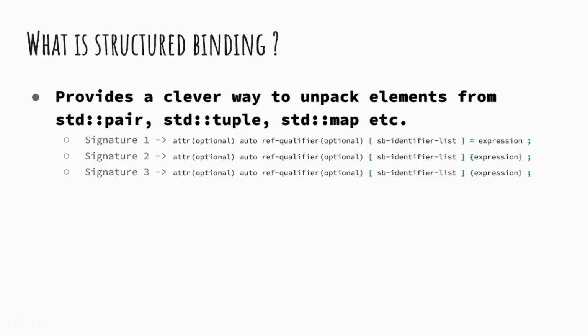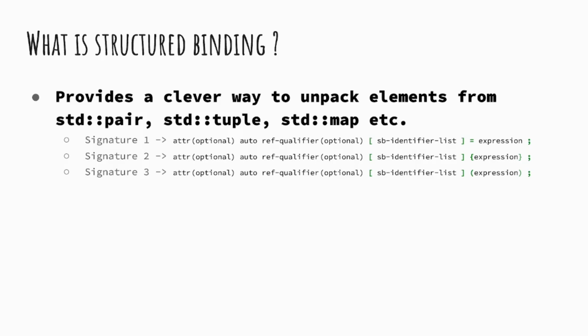Alright guys, let's wrap up structured bindings. So what are structured bindings? Nothing but a clever way to unpack elements from your C++ standard containers. They can be pairs, tuples, maps, right? They also work with structs.